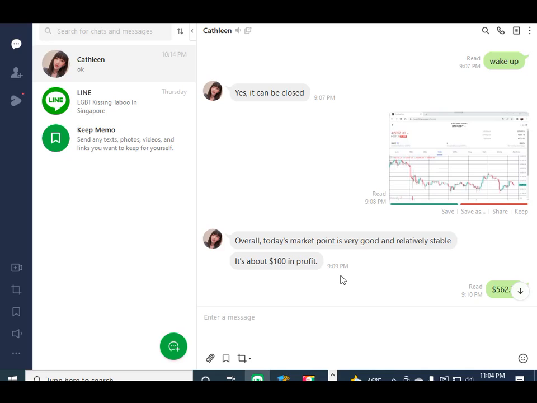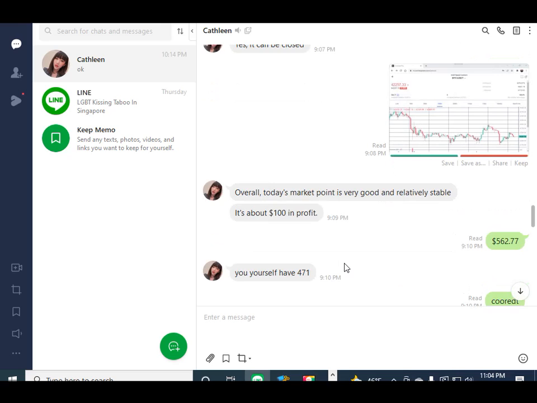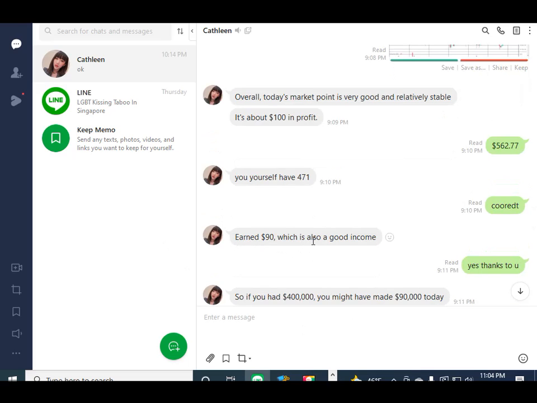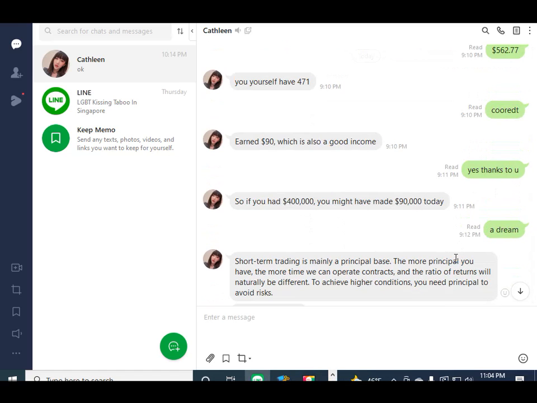So that's like $91 profit I gained. I earned $90, which is a good income. And she pointed out here, you yourself have 471, which is true. So I go from $471 to $562.77.